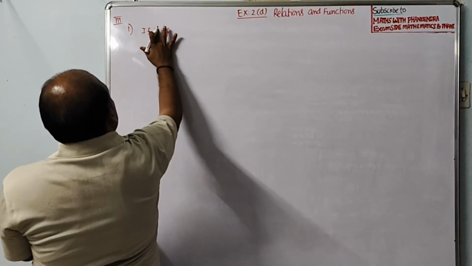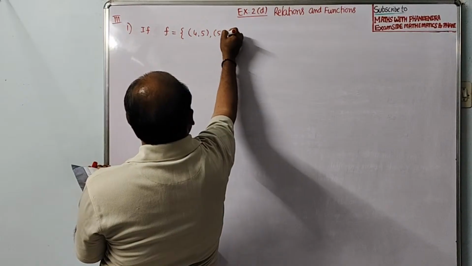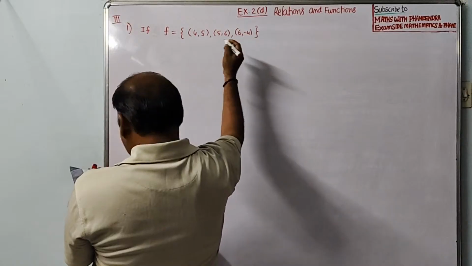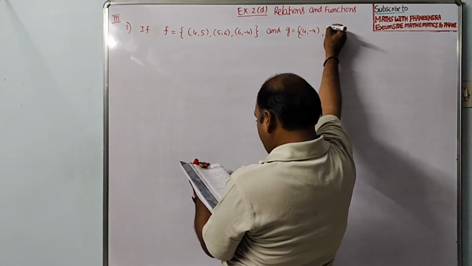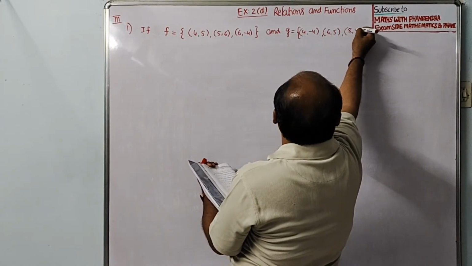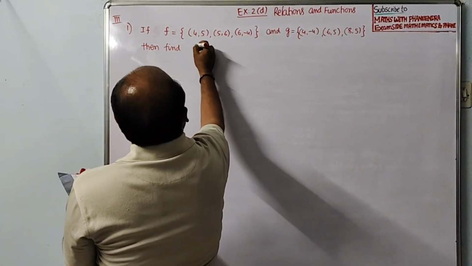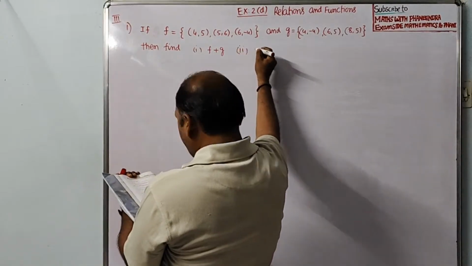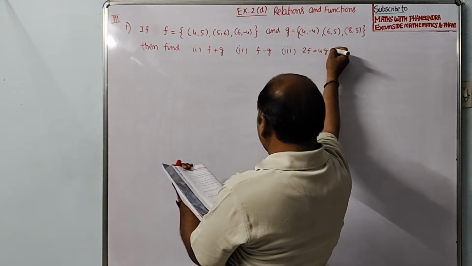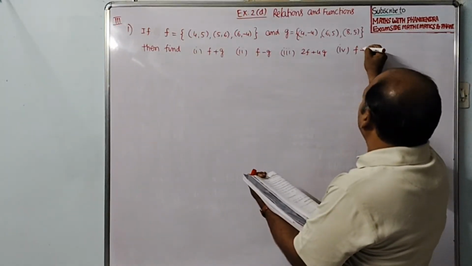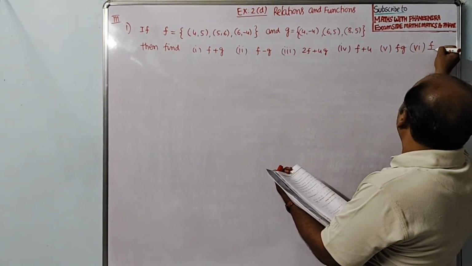If f equal to {(4, 5), (5, 6), (6, -4)} and g equal to {(4, -4), (6, 5), (8, 5)}, then find: first one f plus g, second one f minus g, third 2f plus 4g, fourth one f plus 4, fifth one f into g, sixth one f by g.